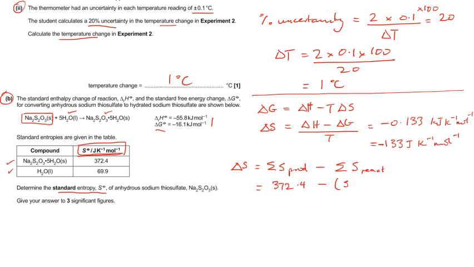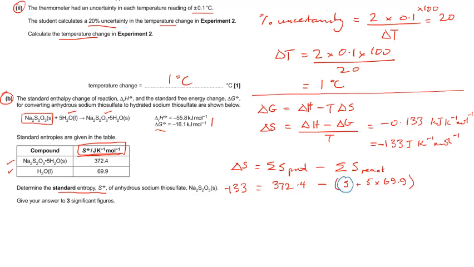And the standard entropy of water is 69.9 per 1 mole, but we've got 5 moles, so we have to multiply that up by 5. So that's 69.9 times 5, and delta S we just calculated as minus 133. So we've substituted in all our numbers with our one unknown, which is our S here.